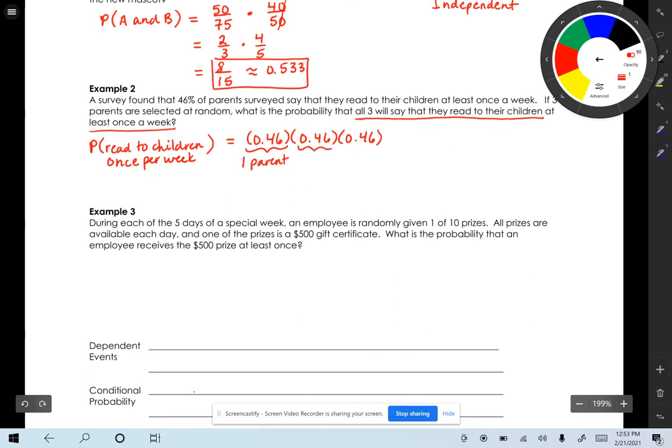This is the probability for the second parent. What one does has no effect on the other, and the probability of the third. Multiplying those 3 numbers together, and you get 0.097, which is 9.7%, if it makes more sense to you thinking about it that way. You should always be able to go from a decimal to a percent.